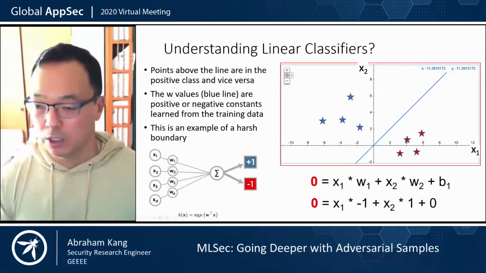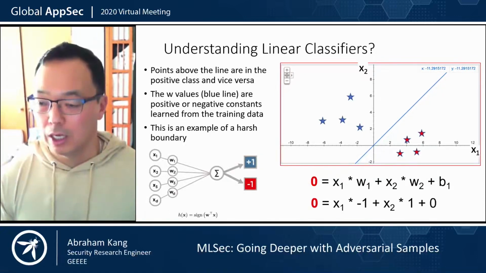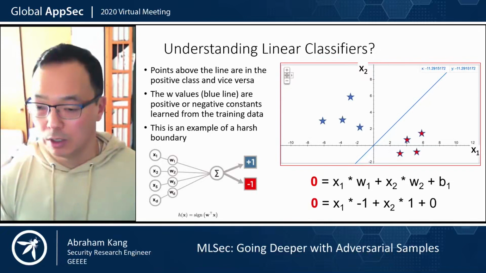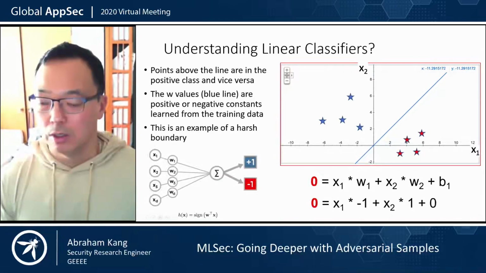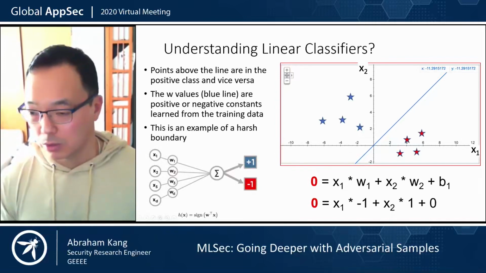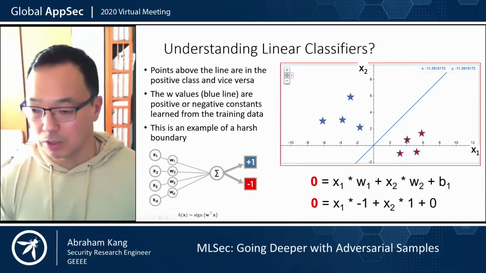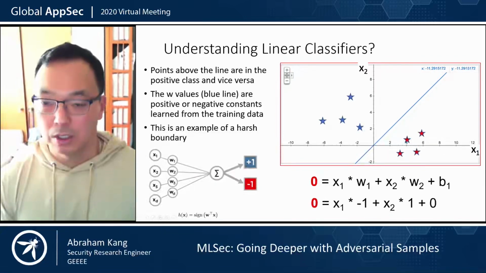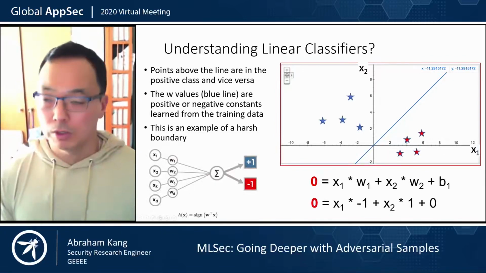When we take this point here, x equals 3 and y equals 1, 3 times -1 is -3, 1 minus 1 plus -3 is -2. Because the output is negative, we say this is in the negative class.